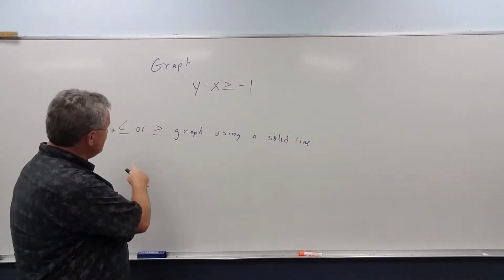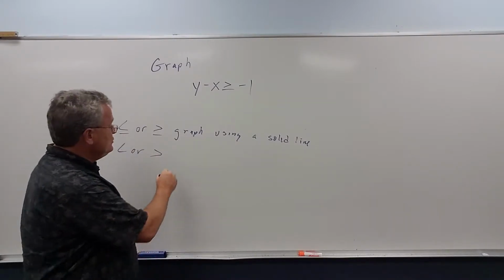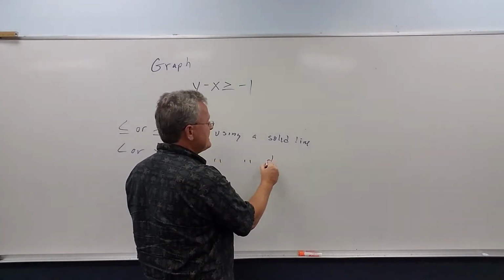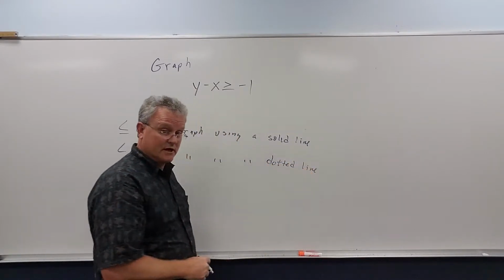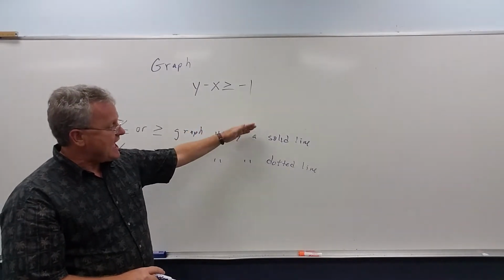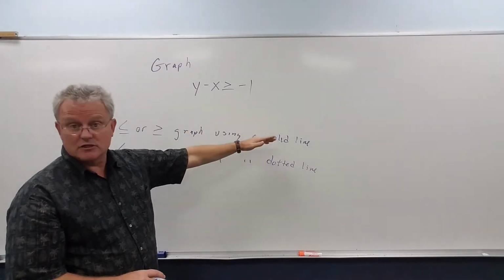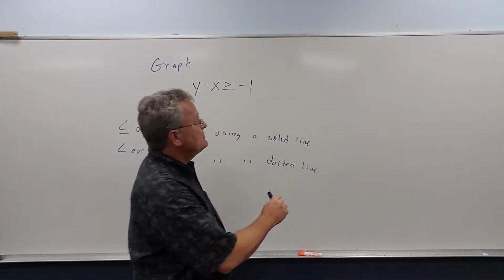If there's no equal underneath the inequality, then you graph using a dotted line.